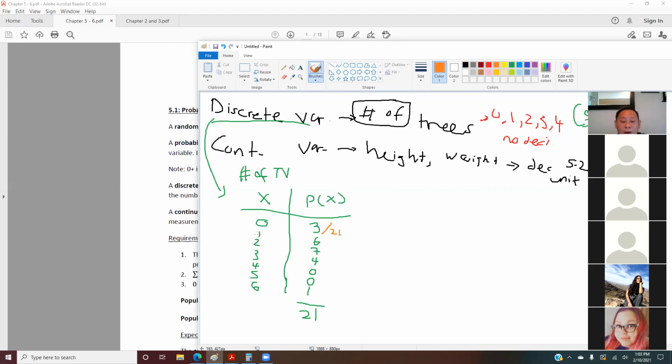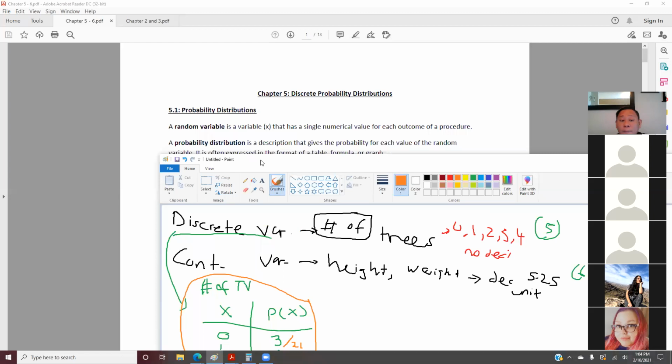For 1 TV, 6 out of 21. 7 out of 21, 4 out of 21. 0 out of 21 is still 0, and then 1 out of 21. So to make it a probability, you just take that number over its total. So this whole thing is what we call a probability distribution.